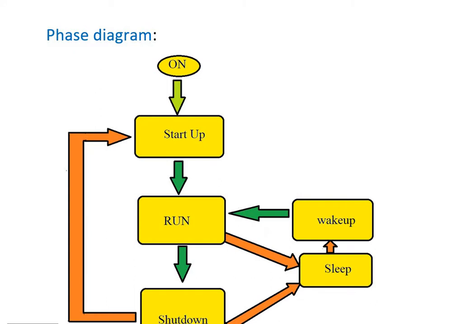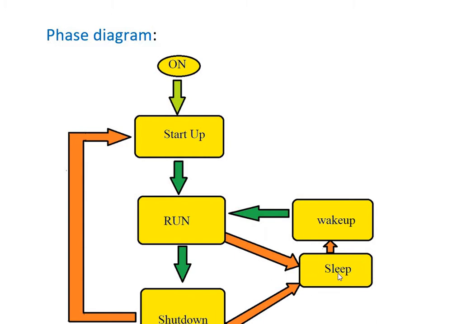Now we can see what the possible ECU state transitions are. Once power supply is on, it can go to the startup phase, and from startup phase to the run phase, and from run phase it can go to the shutdown state or to the sleep state.